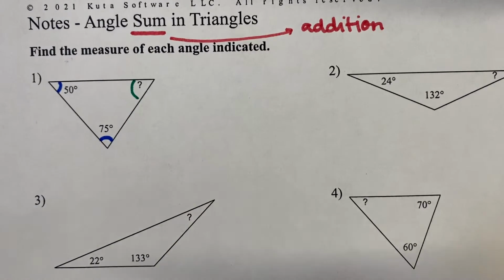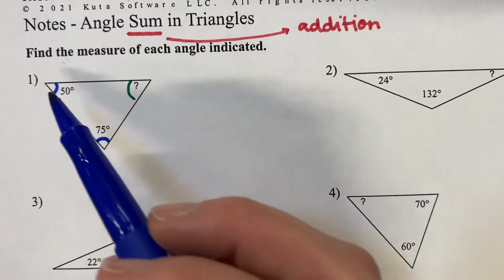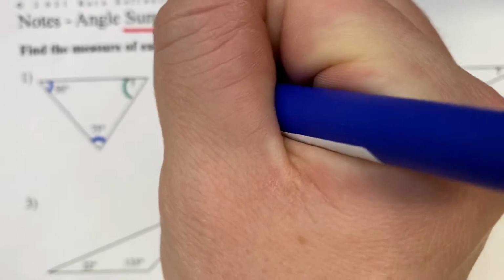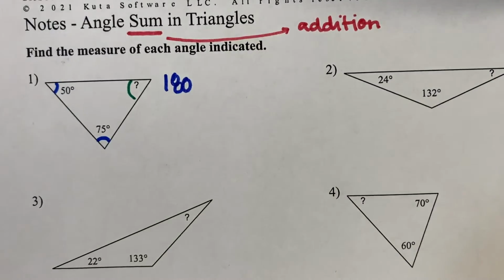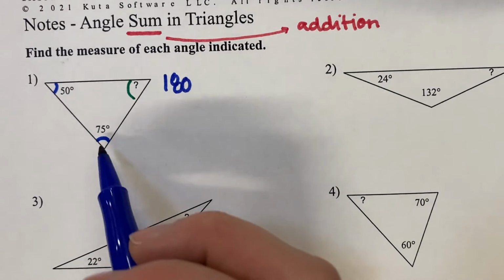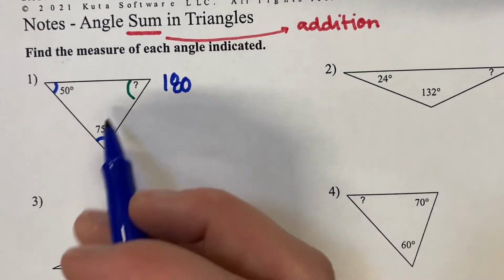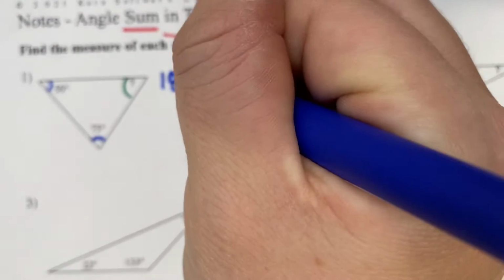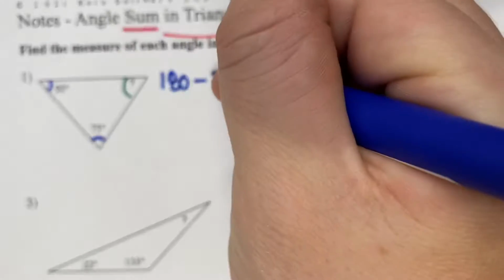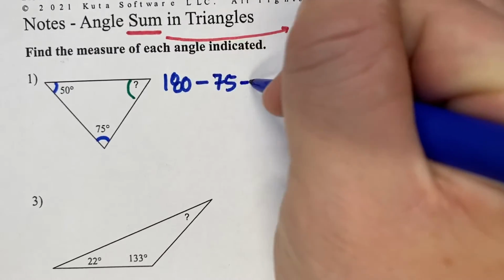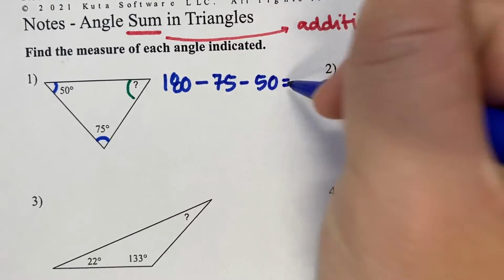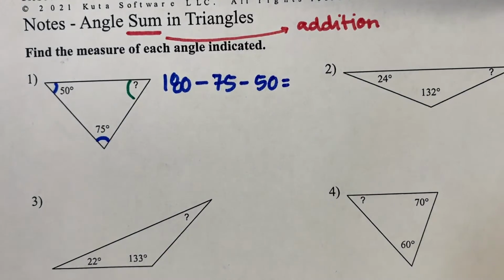First, we can start with our total, which is 180 degrees, and subtract 75 and subtract 50, and that's going to give us our third angle.